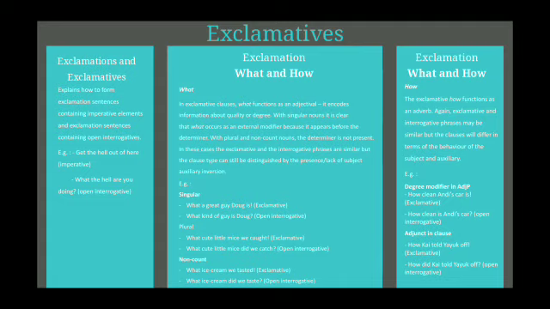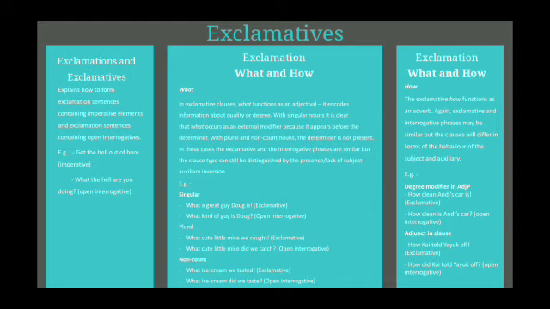In this case, the exclamative and the interrogative phrases are similar, but the clause type can still be distinguished by the presence or lack of subject auxiliary inversion. As you can see in the example, singular: what a great dog it is.